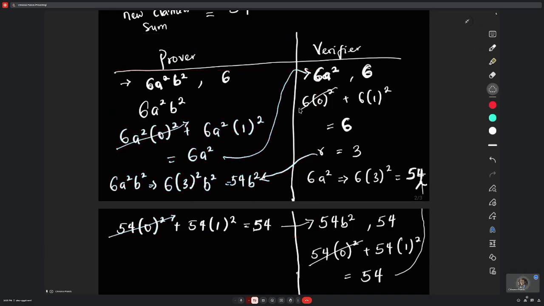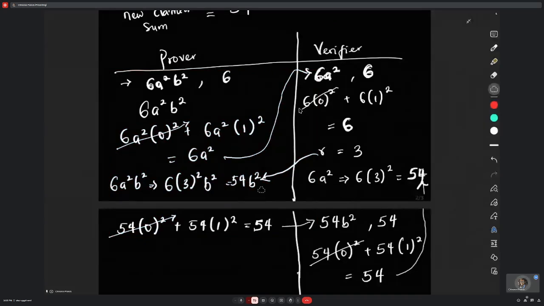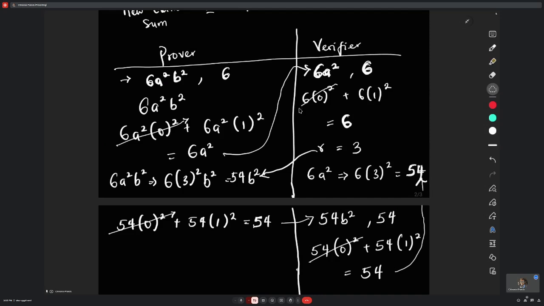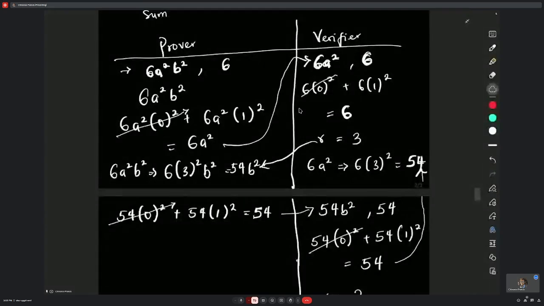He sends it to the verifier, which is this 54b squared, together with the claimed sum, right? So, first of all, the prover sends the sum over the Boolean hypercube to the verifier, and he also sends the univariate polynomial, 6a, to the verifier.